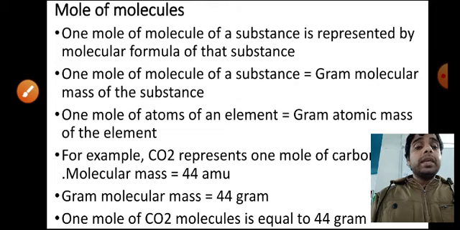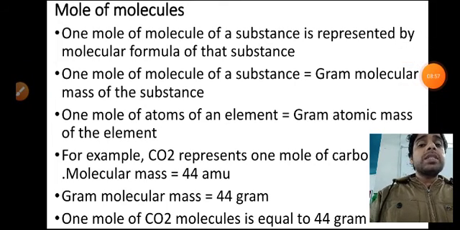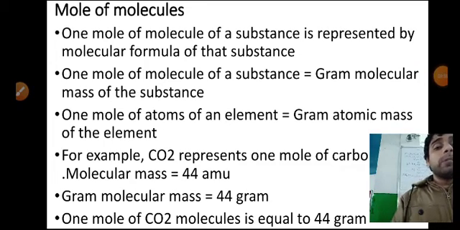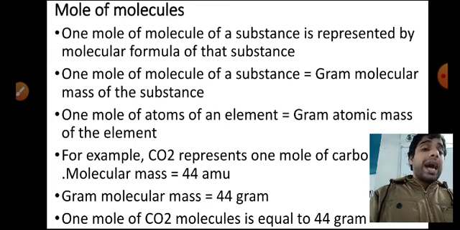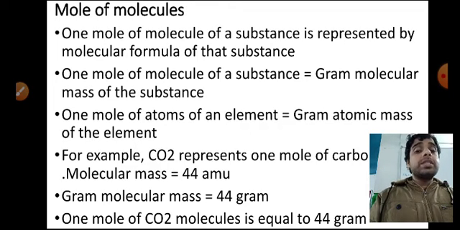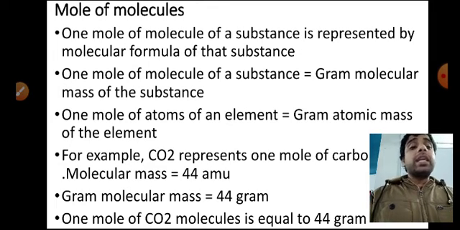Okay, now here you can see 1 mole of a molecule of a substance is every time represented by a molecular formula. Suppose I am talking about carbon dioxide. The molecular formula is CO2, and after calculation, the molecular mass is the summation of carbon and 2 atoms of oxygen.